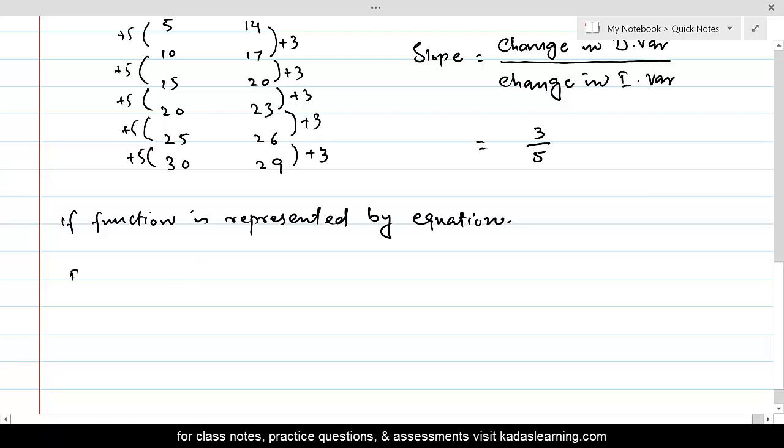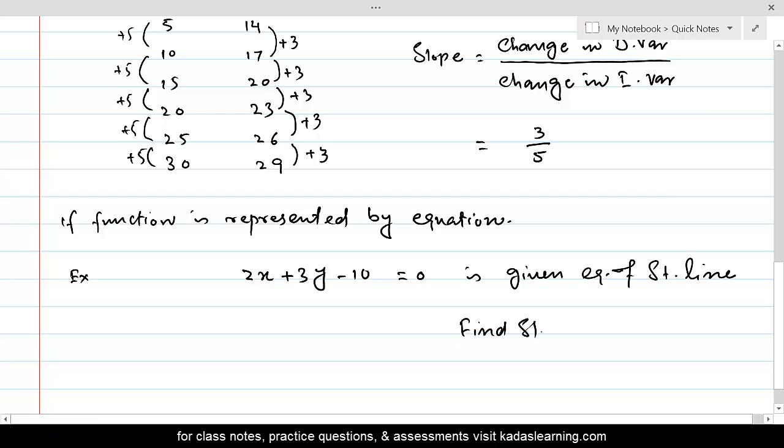A quick example: 2x plus 3y minus 10 equal to 0 is the given equation of a straight line. Find the slope.